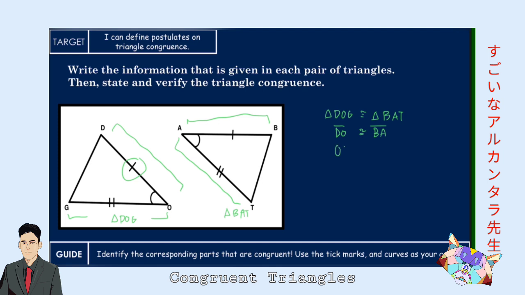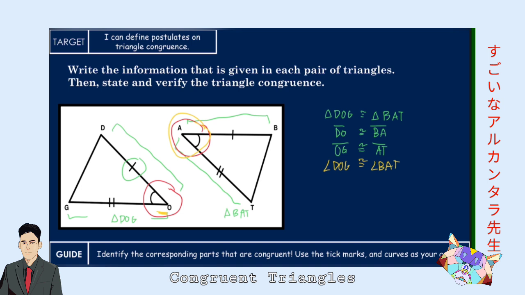They're also congruent in terms of sides. And lastly, in terms of angles, we have the angle formed in O and the angle formed in A. So we can simply say that we have angle DOG since it's formed in O, and it's congruent with angle BAT since it's formed in A.